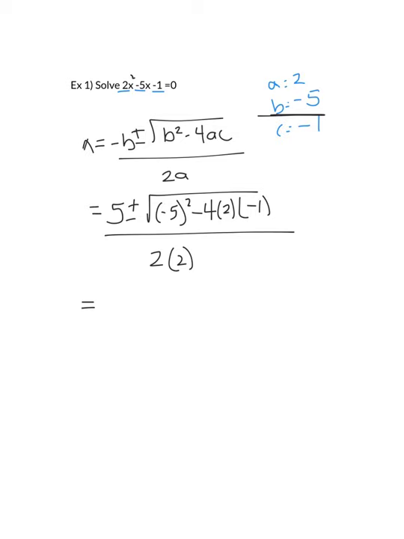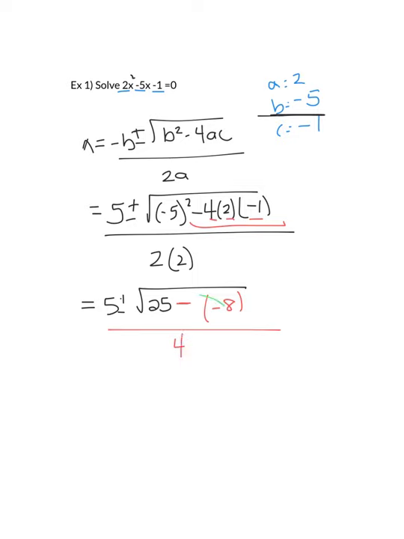I'm going to simplify a little bit more here. I have 5 plus or minus the square root of negative 5 squared, which is 25. Then I'm going to do the second part of this equation: minus 4 times 2 times negative 1. 4 times 2 is 8, times negative 1 is negative 8, all divided by 4.